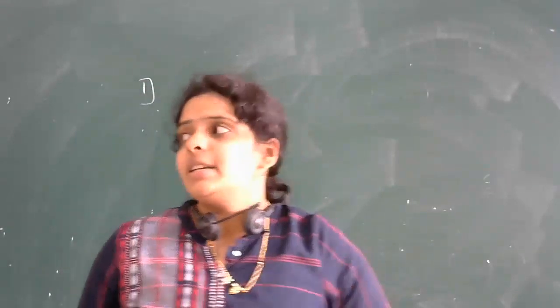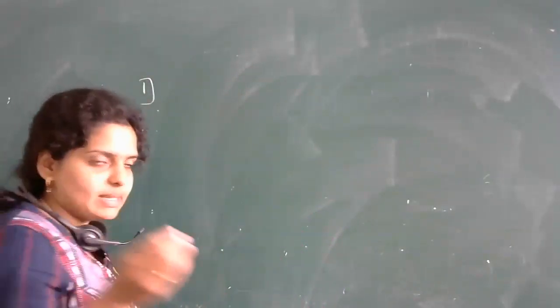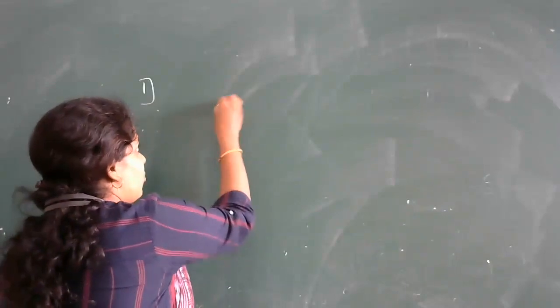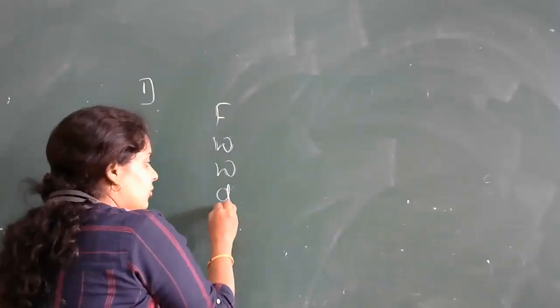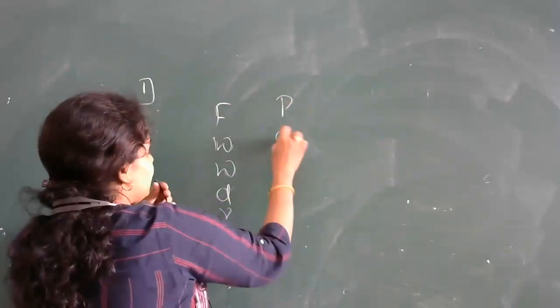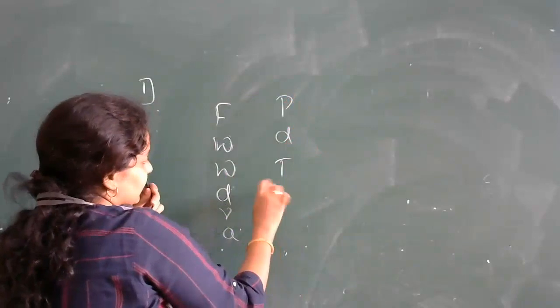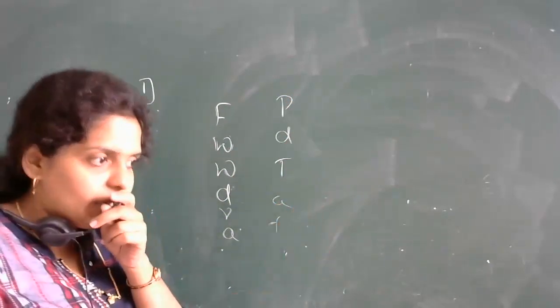See, the first limitation of dimension analysis: you know that there are so many physical quantities in physics, like force, work, weight, displacement, velocity, acceleration, pressure, density, torque, then angular velocity, frequency, time period.